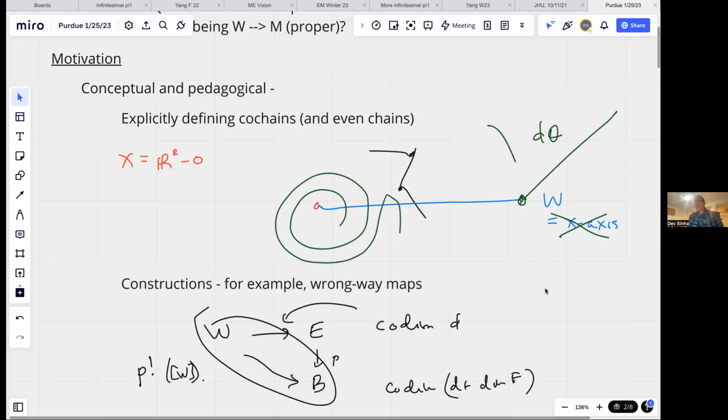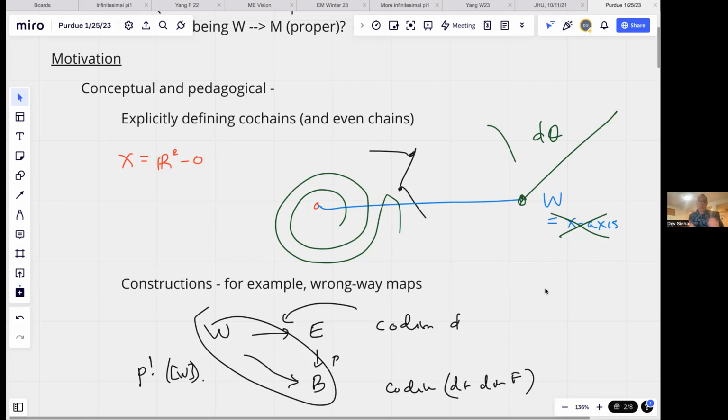Namely, you're just composing. Normally if I started with W to B, if I take the pre-image, that preserves codimension, if W is a submanifold. But if I go the other direction, that's not always defined, but it is in some cases, and that's the wrong way map.